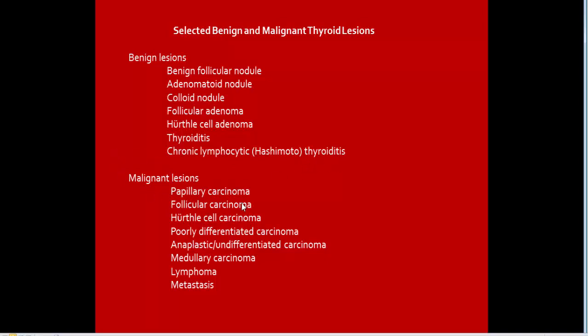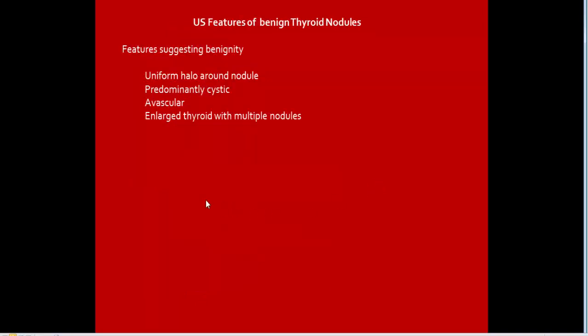Malignant ones include papillary carcinoma, follicular, Hurthle cell, poorly differentiated, anaplastic carcinoma, medullary carcinoma, lymphoma, and metastasis. What are the ultrasound features of benign thyroid nodule? Four features mainly: uniform halo around the nodule, predominantly cystic, avascular, enlarged thyroid with multiple nodules.